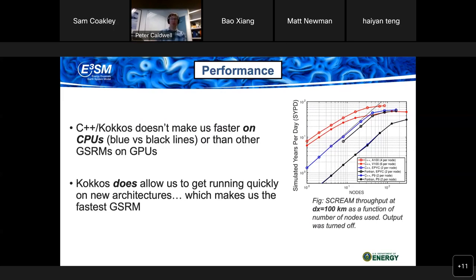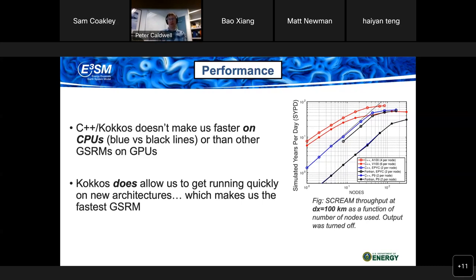So black and blue are both running on CPUs. The bottom 2 lines are running on the Summit CPUs, and then the top 2 lines are running on the Perlmutter newer CPUs. And so kind of the punchline here is that we rewrote all the code, spent 4.5 years doing it, and we're getting the same results on CPUs.